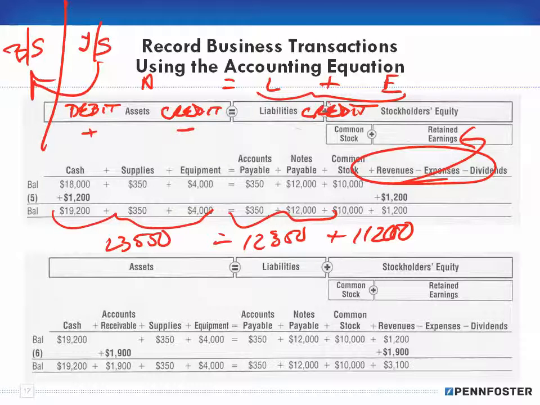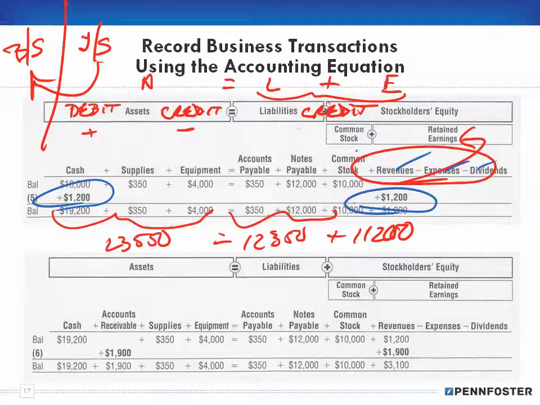In the last video we talked about making this journal entry where we're making a sale for $1,200 and we're receiving cash. The two most important things about this were, one, that as soon as we have a transaction that affects either revenues or expenses or dividends, that throws our accounting equation out of balance.